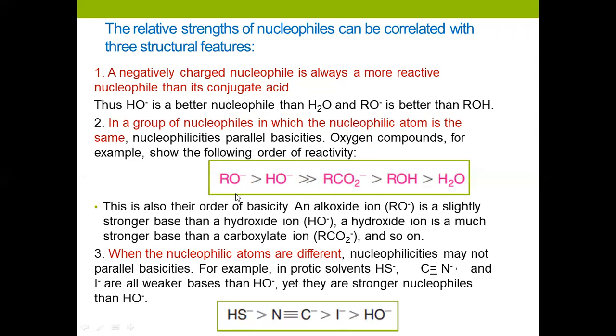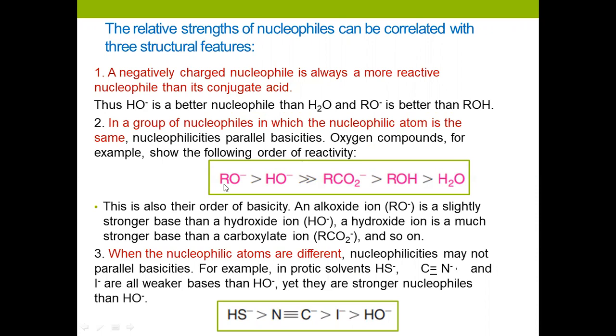That's why if its neighboring atom is positive, like carbon, it can disperse the positive charge. But R being an alkyl group, when it is next to oxygen, R can have an electron donating inductive effect.